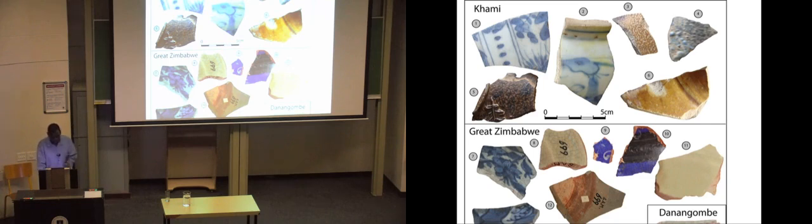In conventional interpretations, they are associated with prestige. So if you see imported materials, then the assumption is that they are associated with the elite. And as I said, Khami is believed to be a capital, and we can generalize here the same about Great Zimbabwe, the same about Mapungubwe.